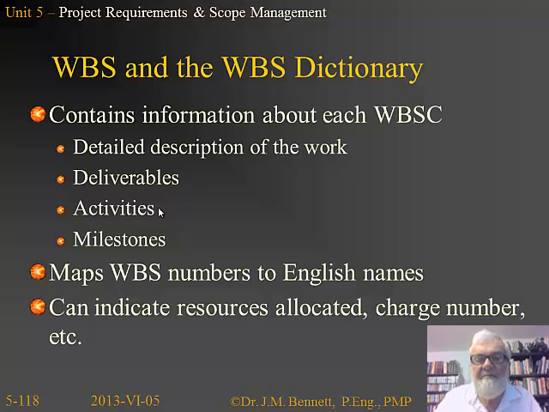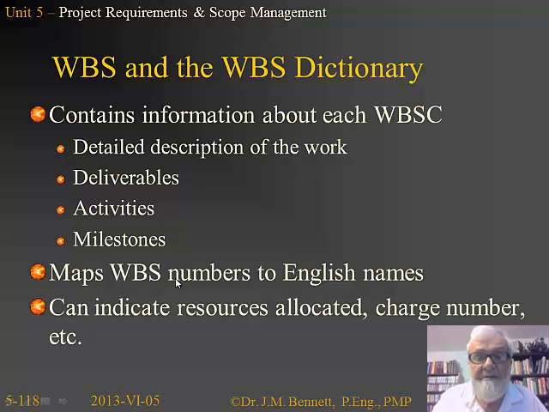it may take several activities to actually create that deliverable, which they themselves don't create deliverables, so they're not a WBSC component, but they're a subcomponent of this particular one, and that hopefully will become clear a bit further on down. We need to indicate milestones here, which are basically major deliverables of the project.